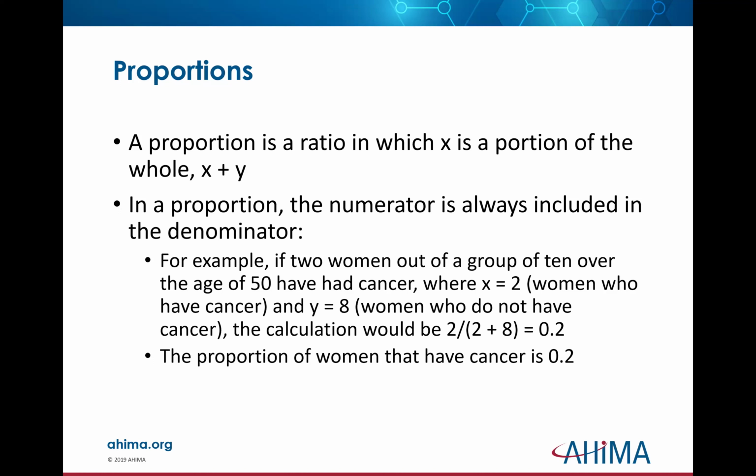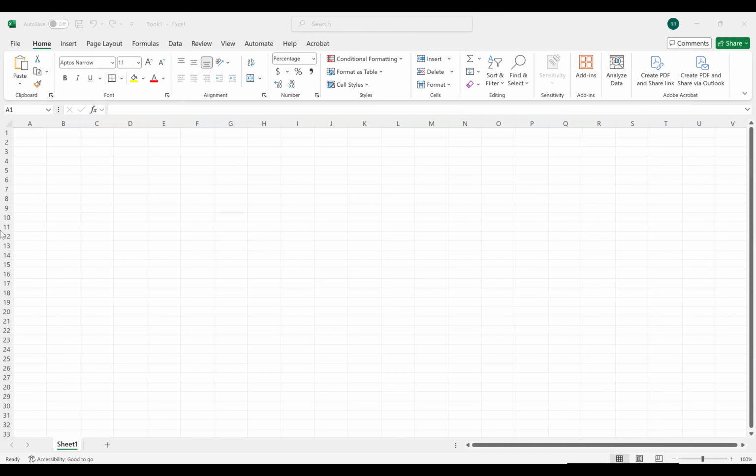Let's take a look at that in Excel. Okay, so in our example again, equals for the formula, 2, divide. Then we're going to use the parentheses just like we did in algebra. 2 plus 8, close parentheses, enter.